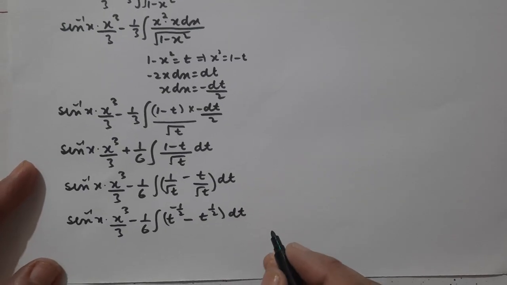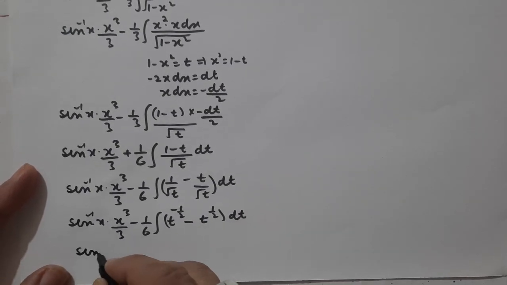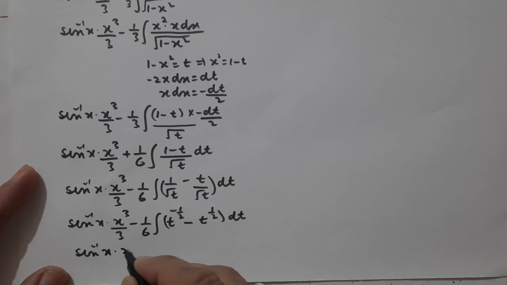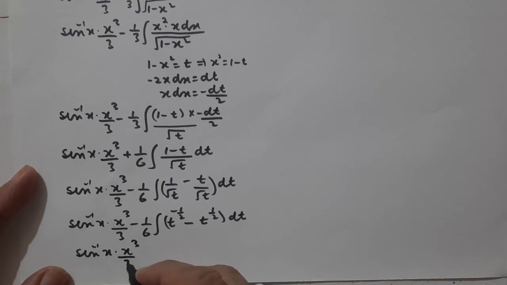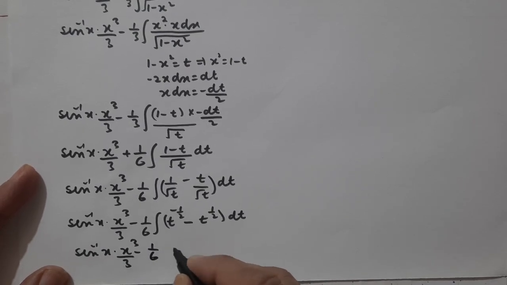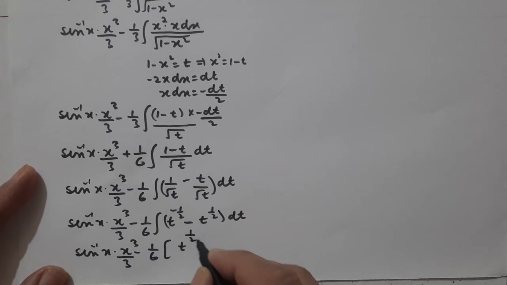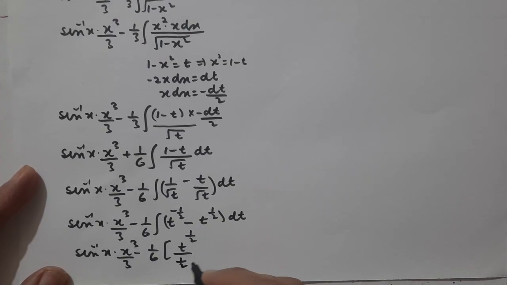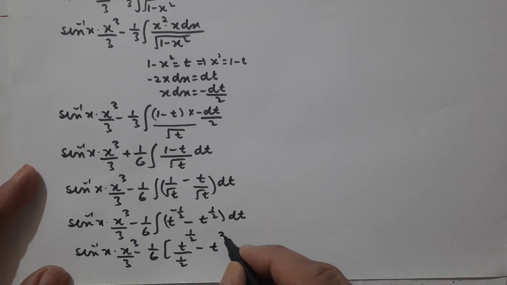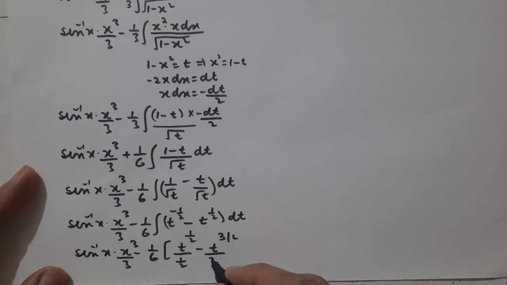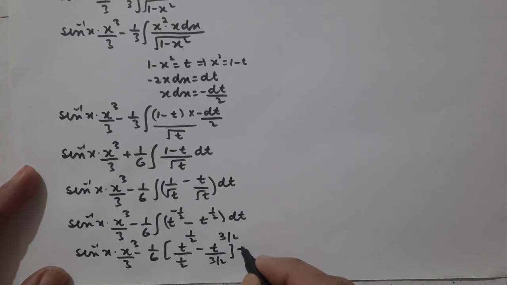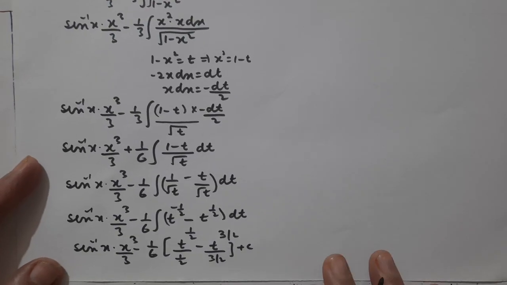Now we have to integrate this. So we get t power 1 by 2 upon 1 by 2 minus t power 3 by 2 upon 3 by 2, plus c.